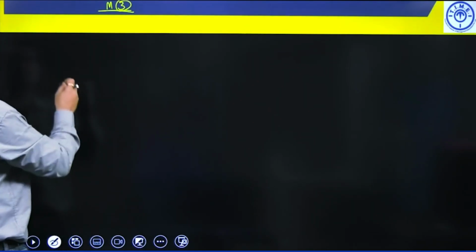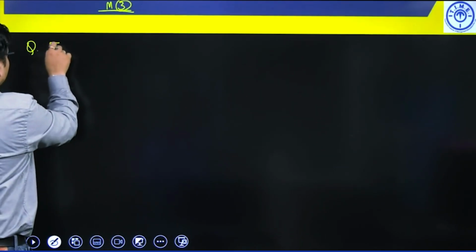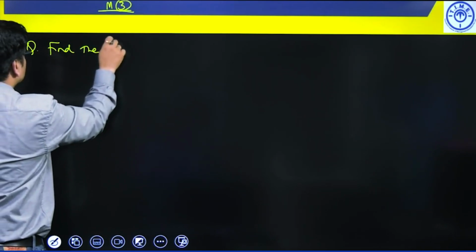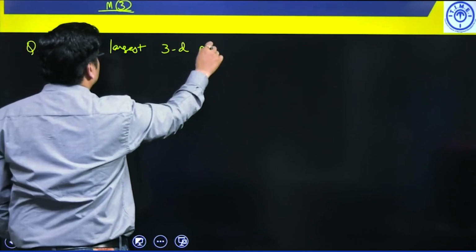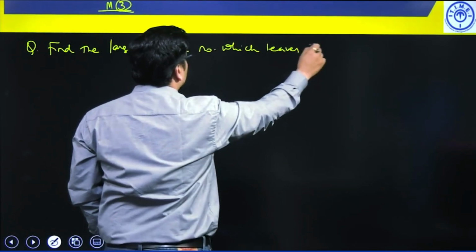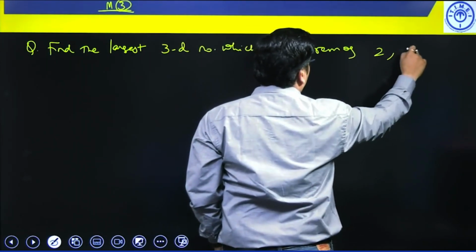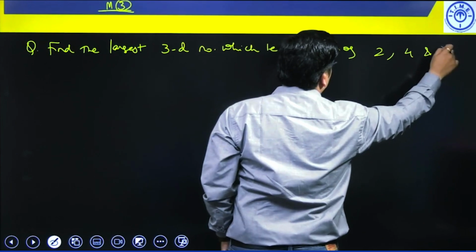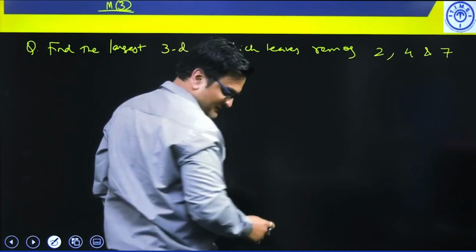So, as an example, say the question is: find the largest 3-digit number which leaves remainders of 2, 4 and 7.